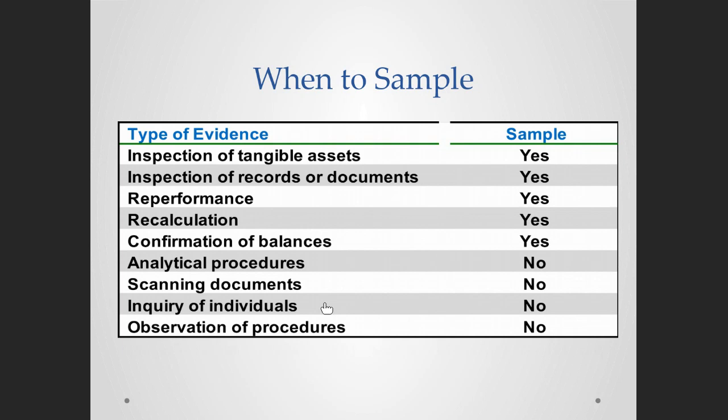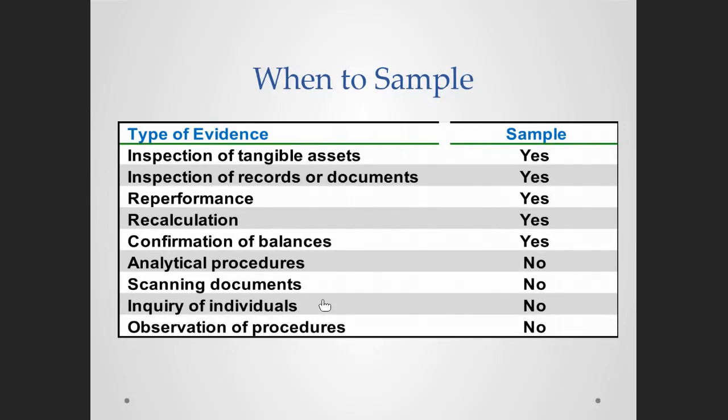Now again, you don't have to ask every single individual performing the same task. So let's say you have 10 clerks working in the accounts payable department, and they are supposed to do the same thing. So your purpose is to learn what they do. You can talk to one of them, right, in that department.